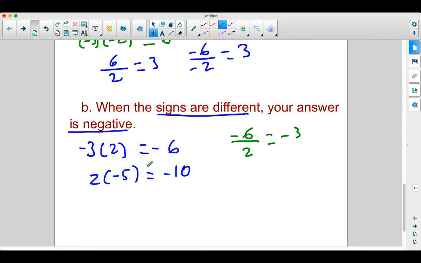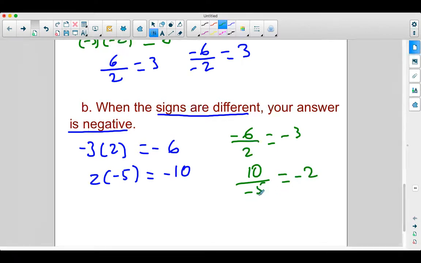But for the purpose of this lesson, I will write an example with a negative in the denominator. So if you have, let's say, 10 divided by negative 5, the signs are different, your answer is negative.